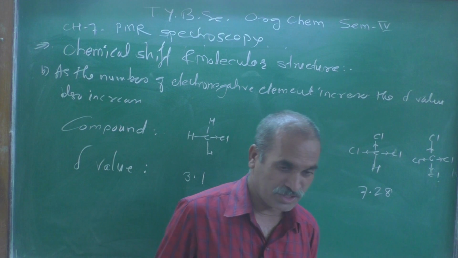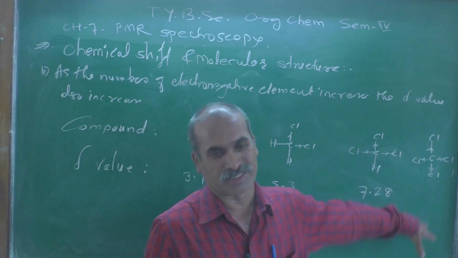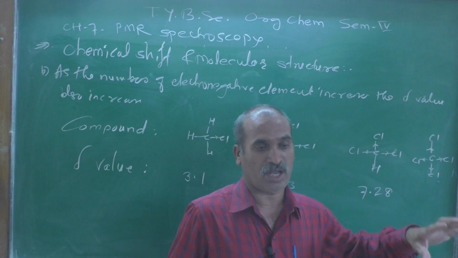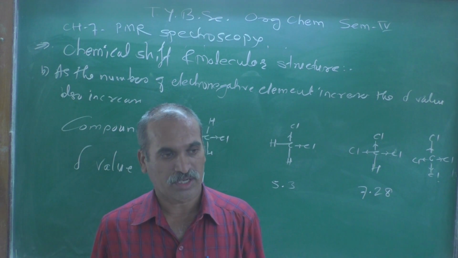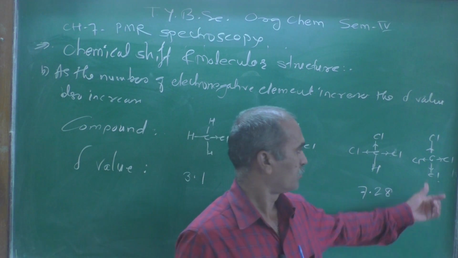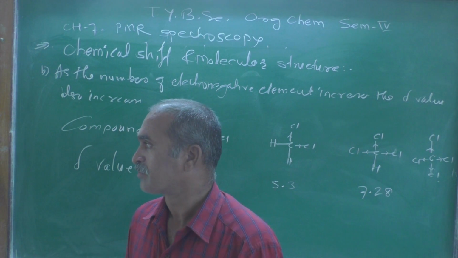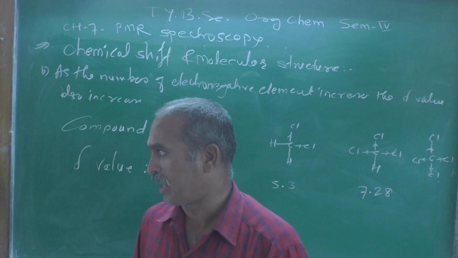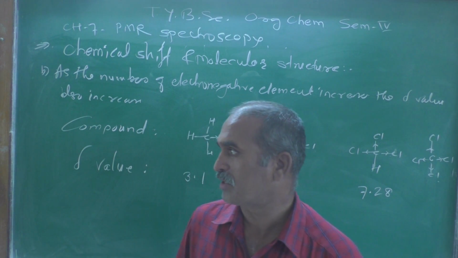All these compounds show a tetrahedral geometry. But now can you tell me the chemical shift value if you put this? The name of this compound is tetrachloromethane, and we can also call it carbon tetrachloride.